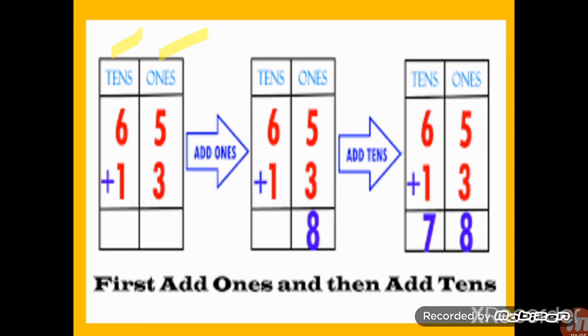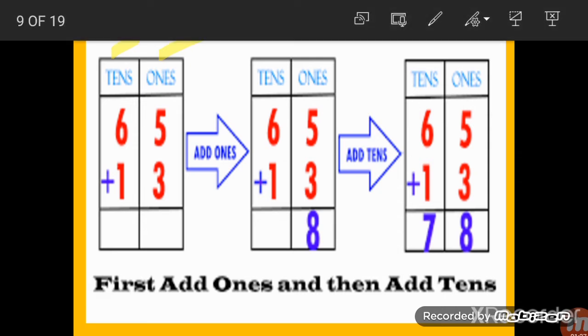Here we have to add 65 and 13. So for adding 65 and 13 we have to place them properly. In 65, 6 is tens, and 5 is ones.